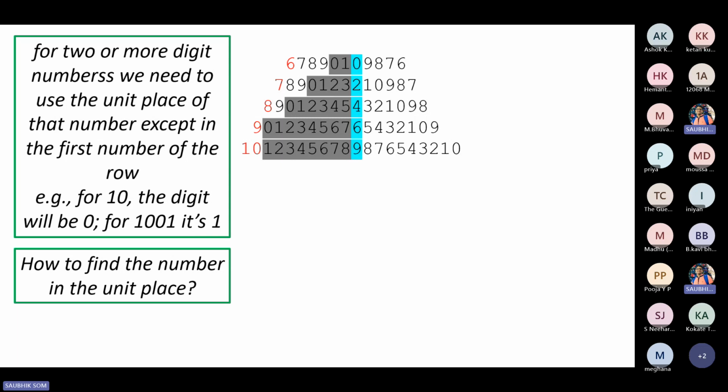So how to find the number in the unit place? What is the logic behind that? How should we find that? The unit place?